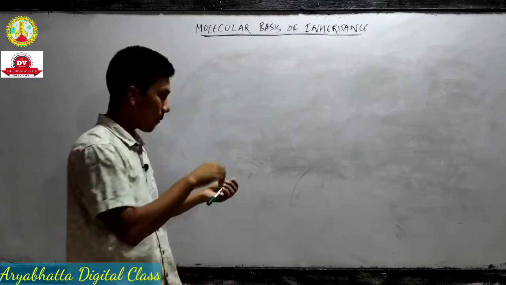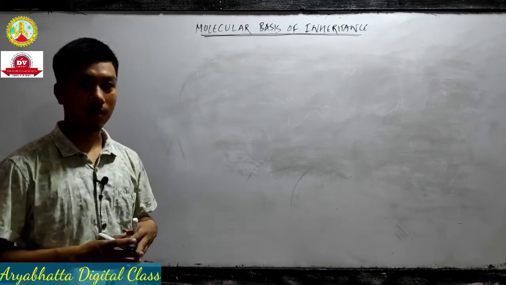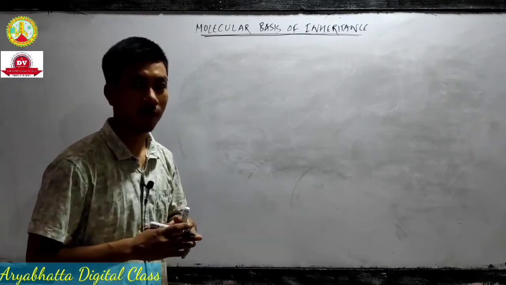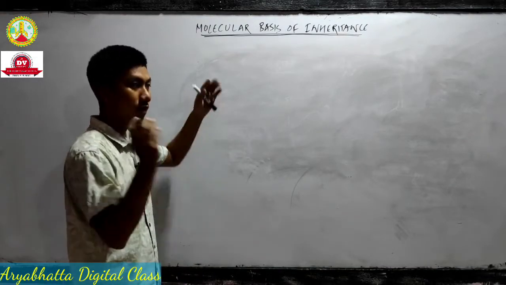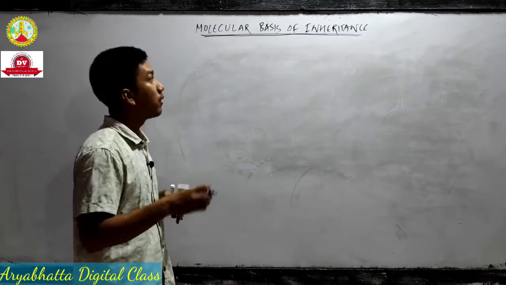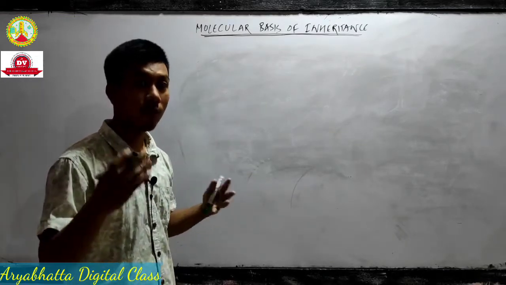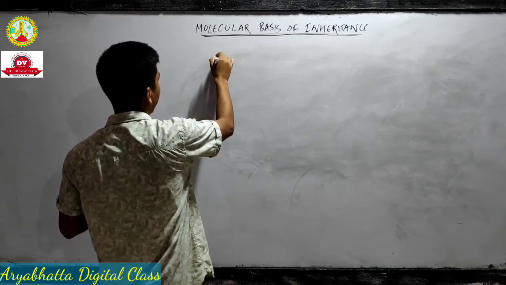Everything is conceptual in this chapter and the earlier chapter also, the genetics part. So try to clear your concept. It will become very easy, and when you understand this chapter, you'll feel proud of yourself.